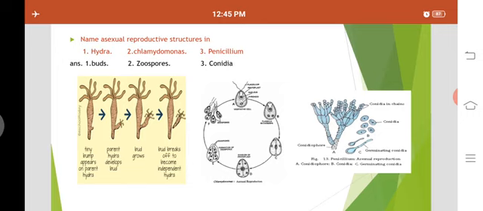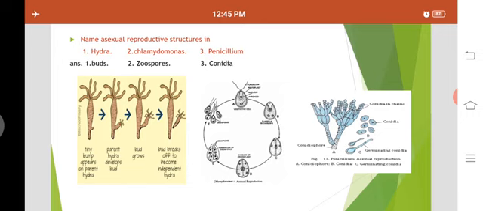Mention the asexual reproductive structure in Hydra, in Chlamydomonas, and in Penicillium. The answer I have also given. Hydra reproduces asexually by budding.